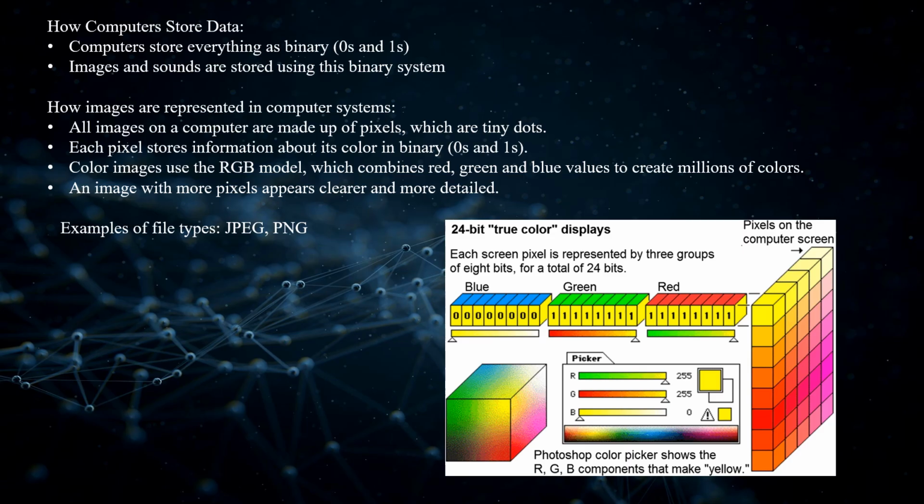The color of each pixel is made from a combination of red, green, and blue values. An image with more pixels has higher resolution and appears clearly. All pixel data is stored internally using binary form.